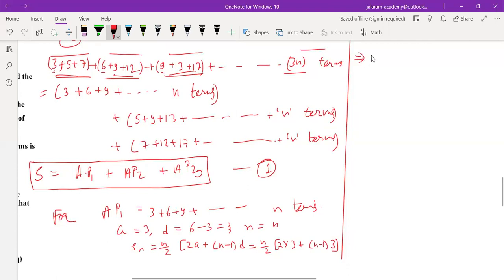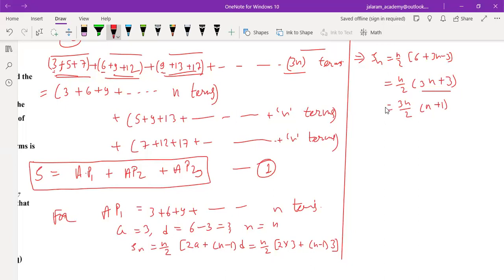It implies Sn equals n by 2 into 6 plus 3n minus 3, equals n by 2 into 3n plus 3. 3 can be taken common, so 3 by 2 into (n plus 1) times n. So the sum of n terms of the first AP is 3n by 2 into (n plus 1). Is that clear to you?